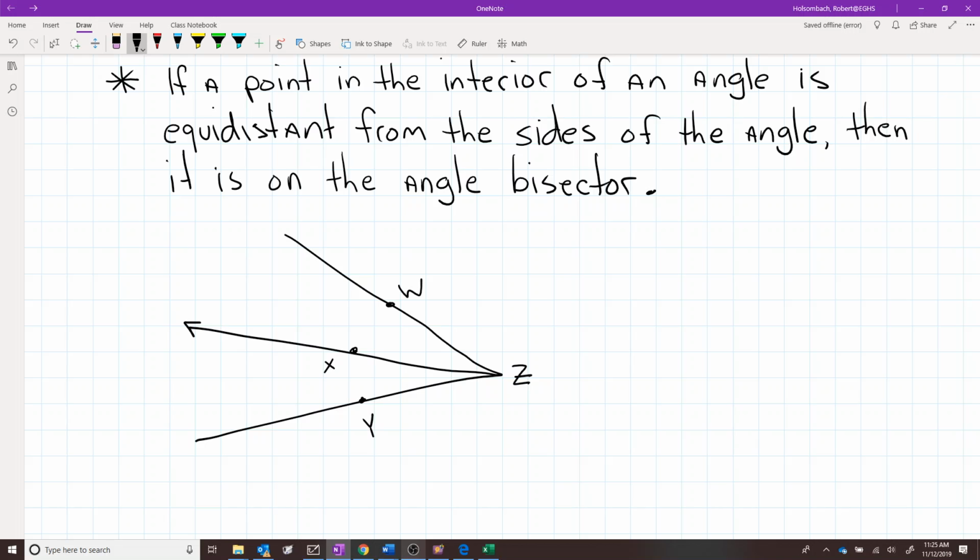And X to W is 7 units long. Angle XZW is 41 degrees. And angle YZX is also 41 degrees. You're asked to find the length of XY.